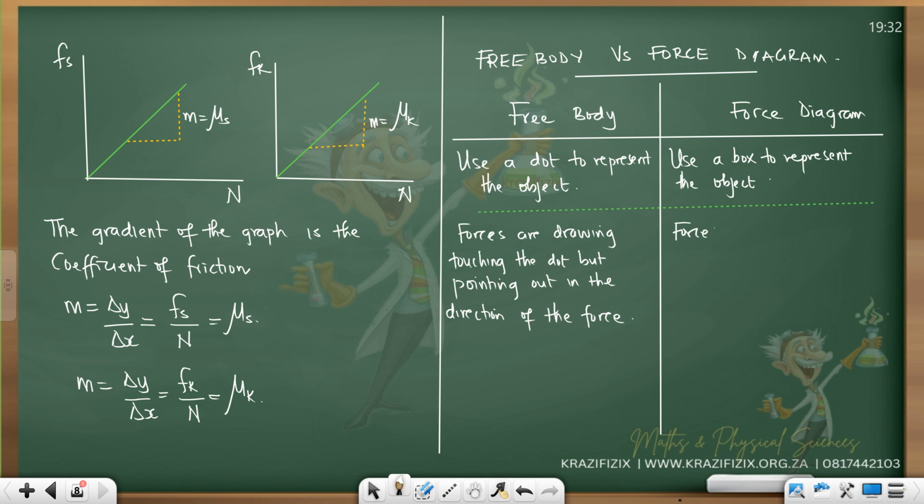In a force diagram, forces are drawn at the point of action from the box.